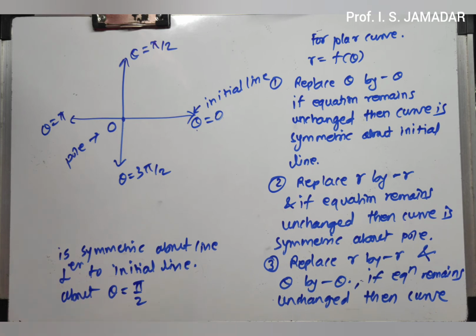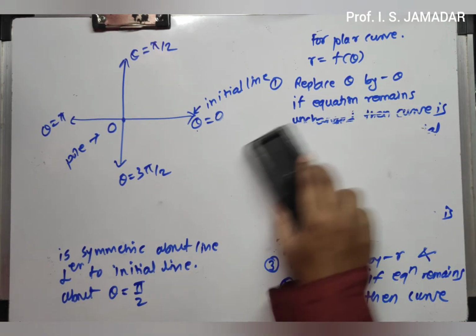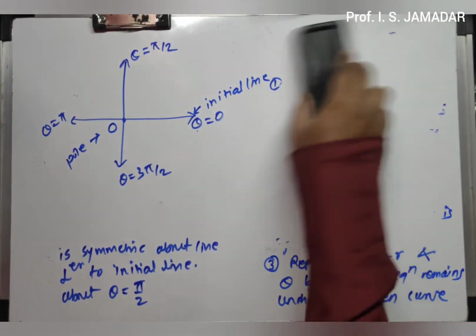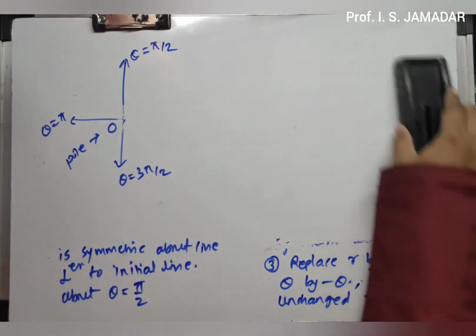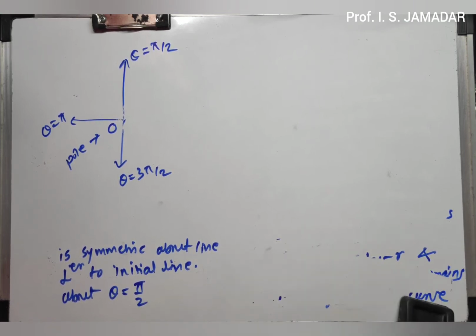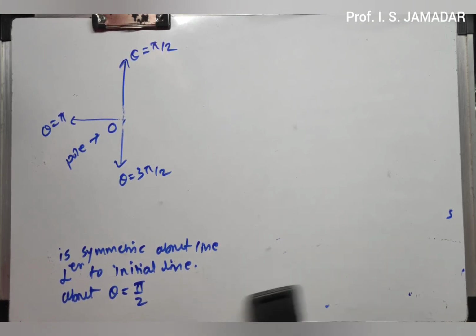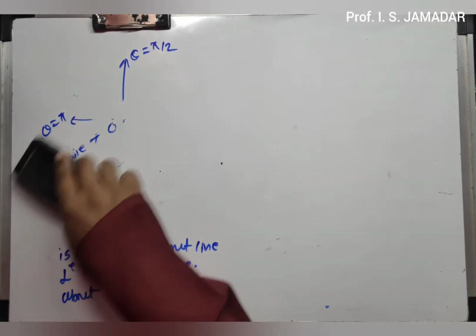Next we have the rules of symmetry for parametric curves. Now for a parametric curve, we have the equation of the curve given in terms of a parameter. X is given as f of t, y is given as g of t. So for parametric curves, let us mention the rules only, and then we can solve the multiple choice examples very fast.